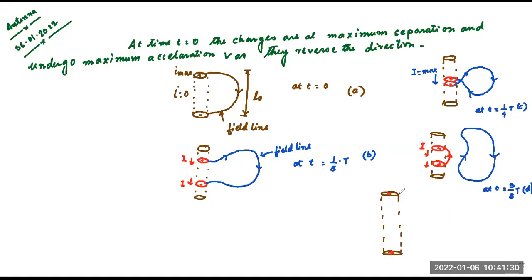Okay. So the field is generated from this side to this side. And the dipole current conductivity is like this.